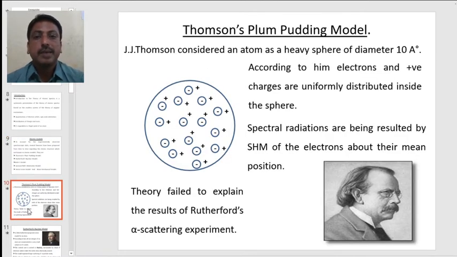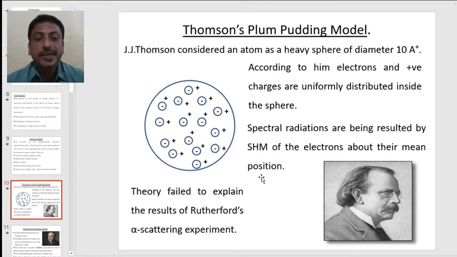So this is Thomson's plum pudding model. The picture shows J.J. Thomson, who proposed this model. He considered that an atom is a heavy sphere of diameter 10 angstrom, and according to him, positive as well as negative charges are distributed uniformly inside this sphere, and the spectral radiations are resulting from the simple harmonic motion of the electrons about their mean positions.